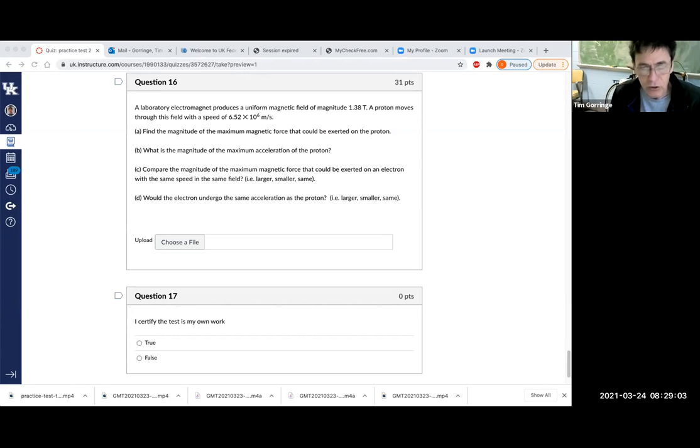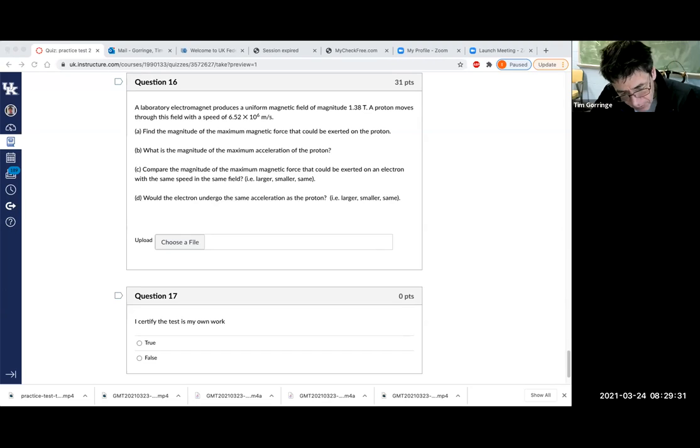The first two parts of the question about the proton are to find the maximum value of the magnetic force that could be exerted on the proton, and the magnitude of the maximum value of the acceleration of the proton in that magnetic field. So let's do those two parts, then we'll talk about parts C and D after that.